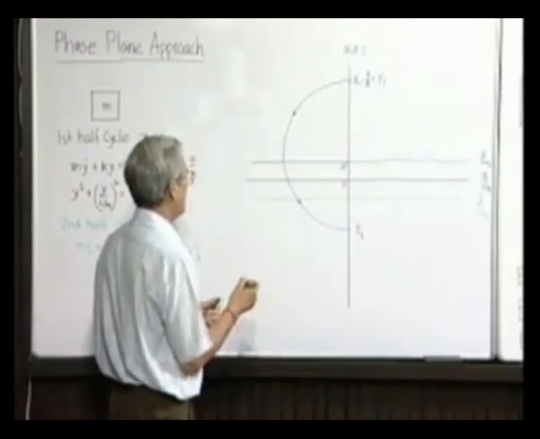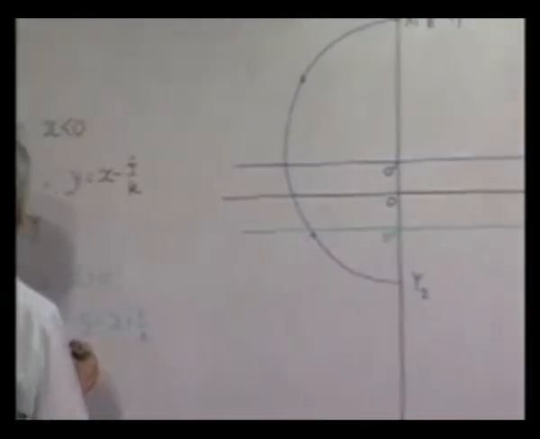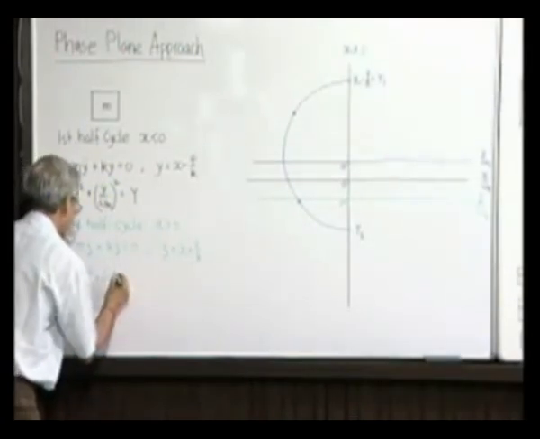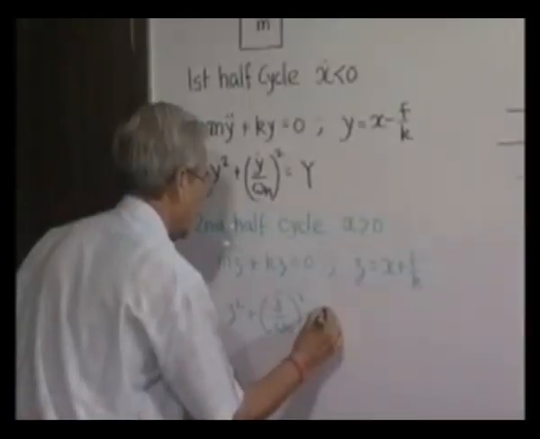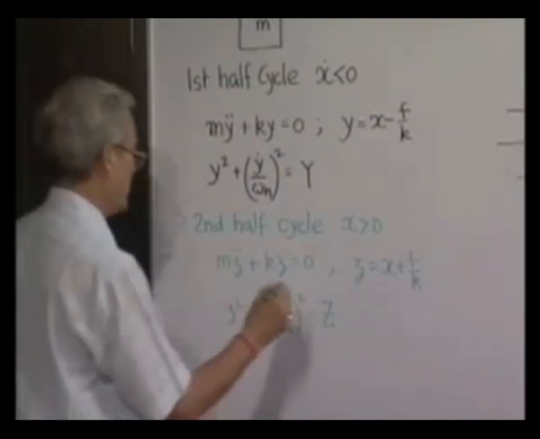So now we know that this is the... and we know that z square plus z dot by omega n square will be another circle. Sorry, we should say square here.